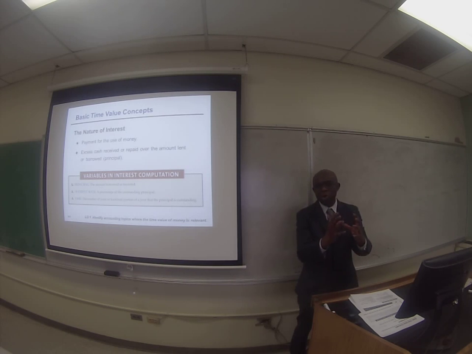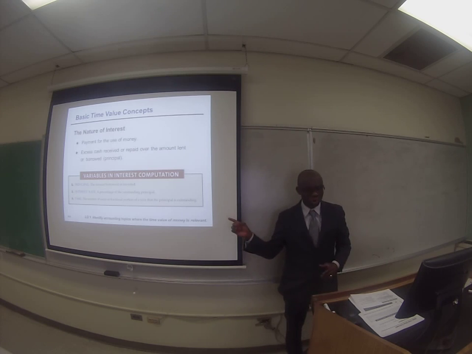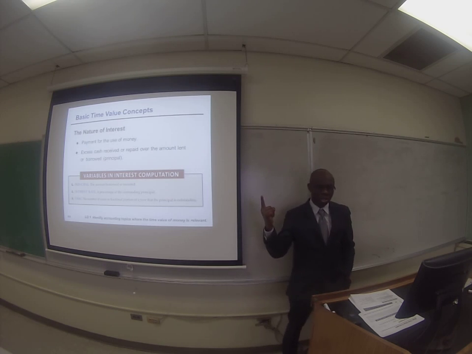And the amount borrowed, as you know, is called the principal. So here are some variables in interest computation that we need to know. Number 1, principal, that is the amount that you borrowed. Interest rate, that is the percentage of the principal that you are going to pay as a borrower, or that you are going to receive as a lender. That is interest.